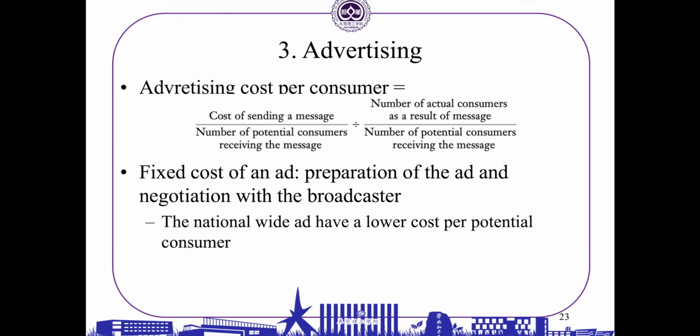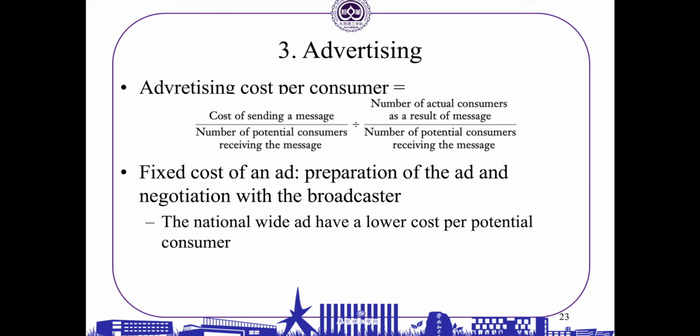The denominator is the number of actual consumers as a result of the message divided by the number of potential consumers receiving the message. The numerator can be interpreted as the cost of sending a message per potential consumer. The denominator can be interpreted as the rate of advertising reach.